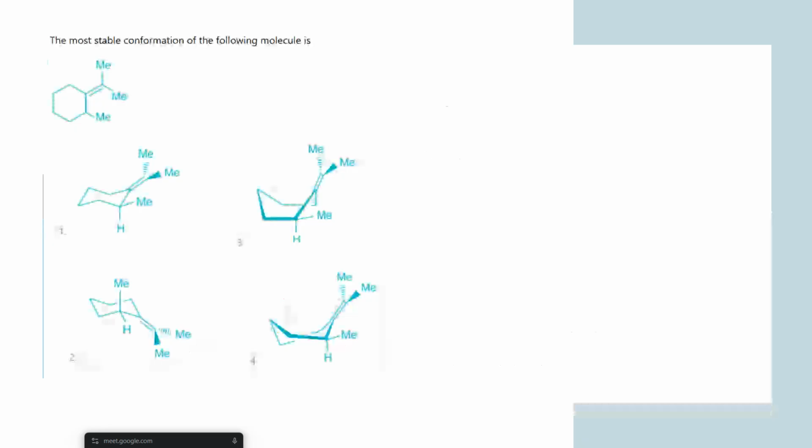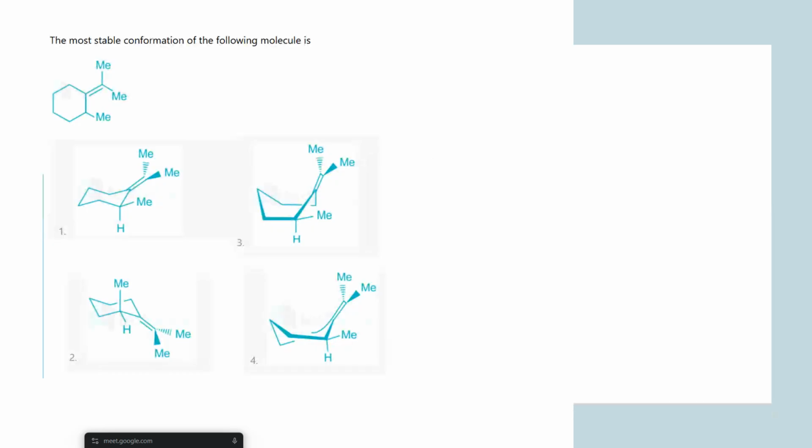Now here we have another question where we again have 4 different cyclohexane conformations, and you have to choose the most stable conformation for the mentioned molecule.